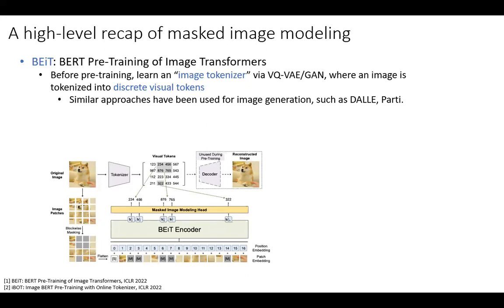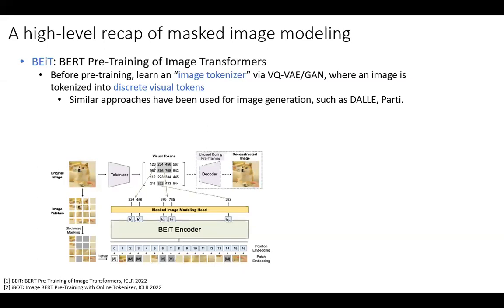And then we are trying to tokenize your input image into a set of discrete visual tokens. And these discrete visual tokens will be used as your training target to learn the image encoder.